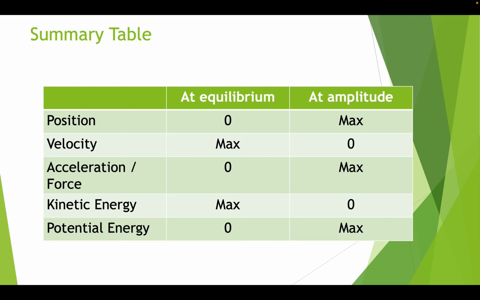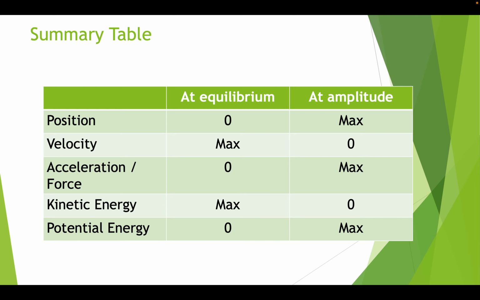At the equilibrium point, your position is in the middle, obviously the minimum. At the amplitude points, you're at the maximum displacement from equilibrium. Velocity is going to be the opposite of that. Acceleration is the same as position because F equals ma, and so the greater I am displaced, the greater my force will be.